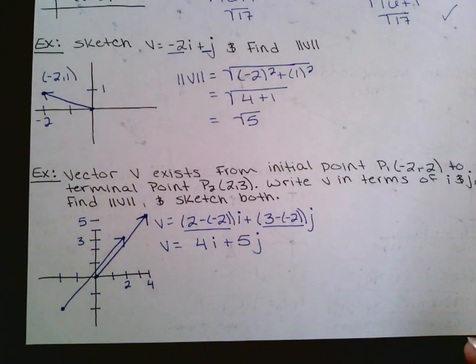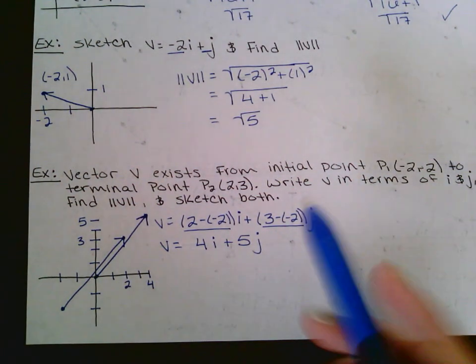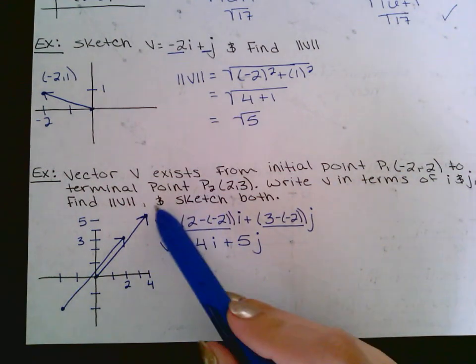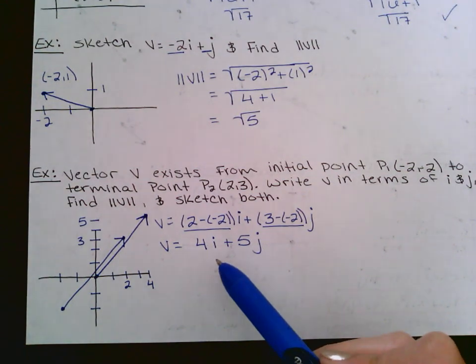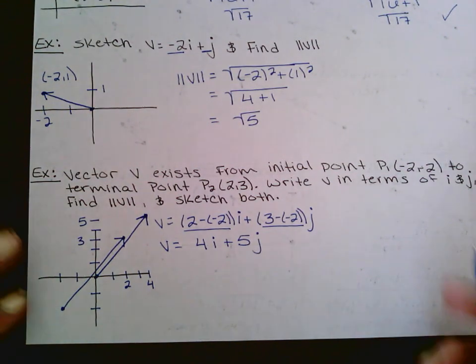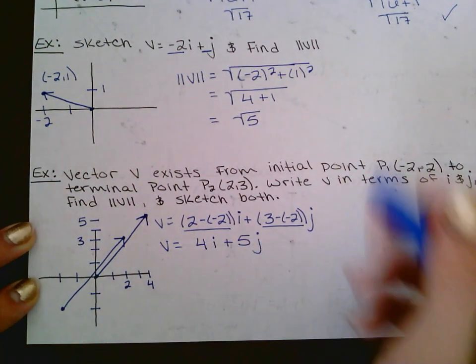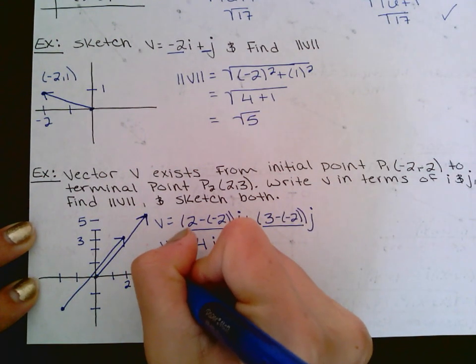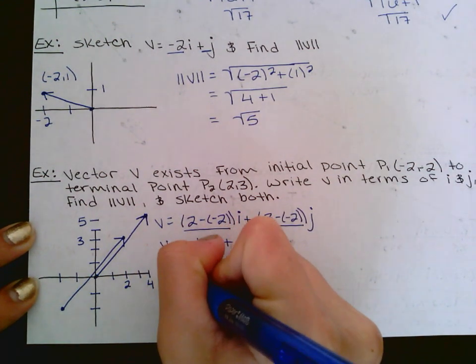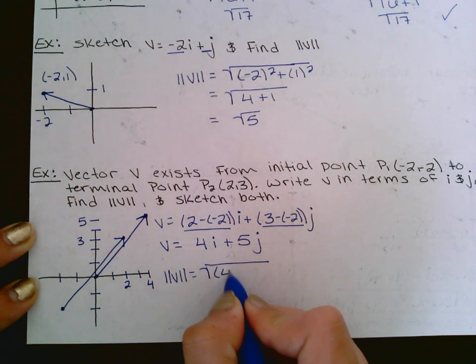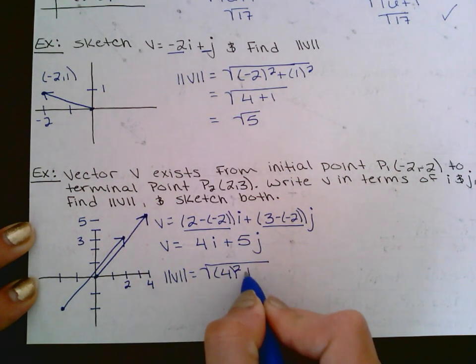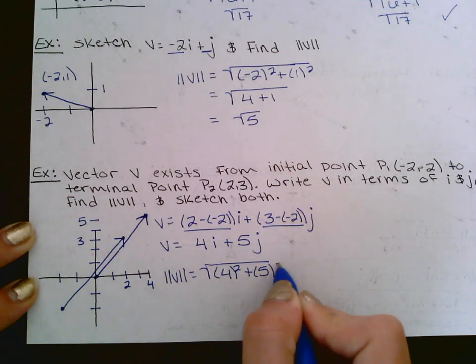You have two options to find this magnitude. You can either use the two points and use the distance formula, or since you already have your ij unit vector, you can go straight. You already did the subtraction, so I can use Pythagorean and say the magnitude of v is the square root of 4 squared plus 5 squared.